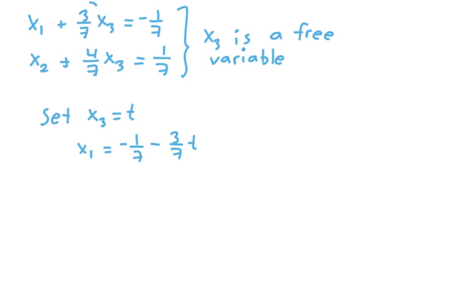So I just moved this term over to the other side. And then x2 is positive 1/7 minus 4/7 t. Okay?